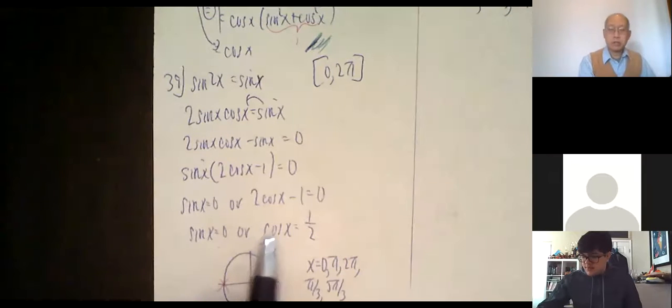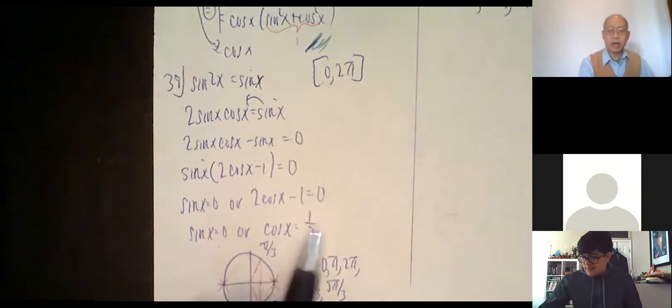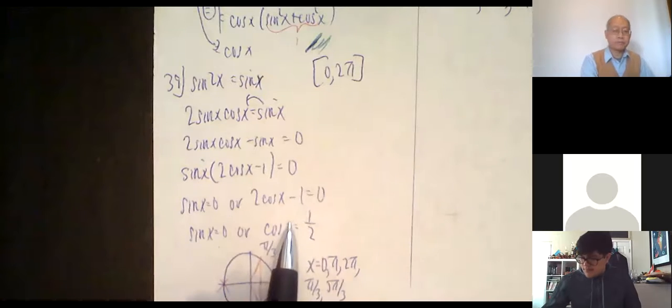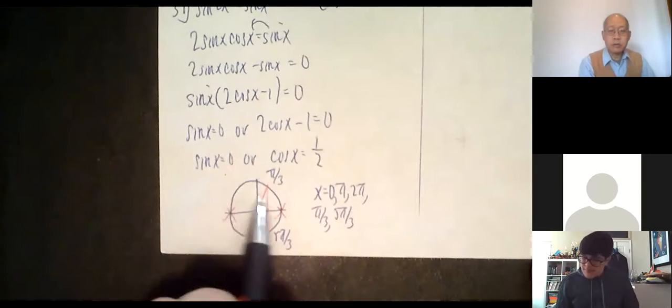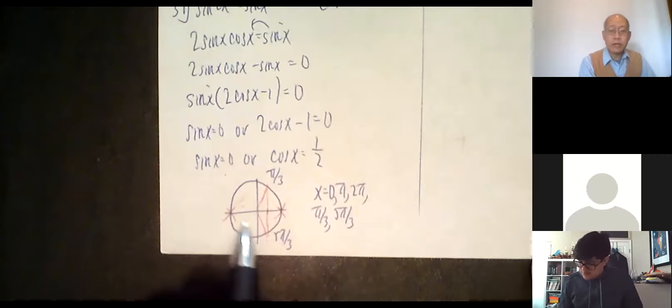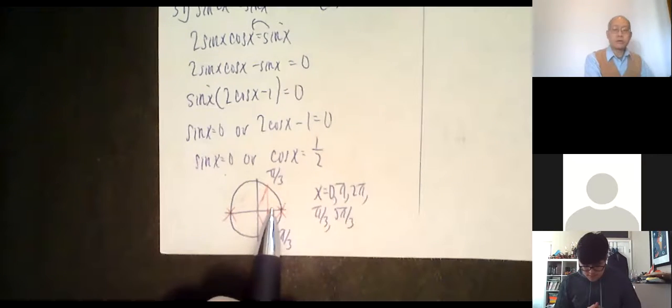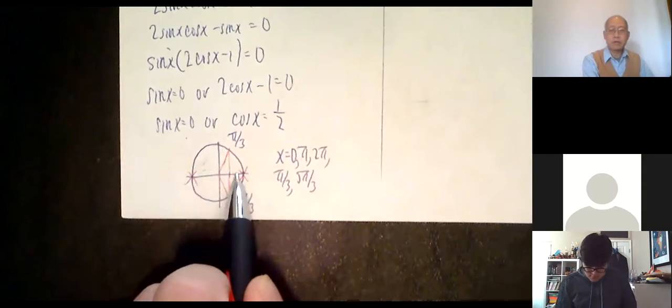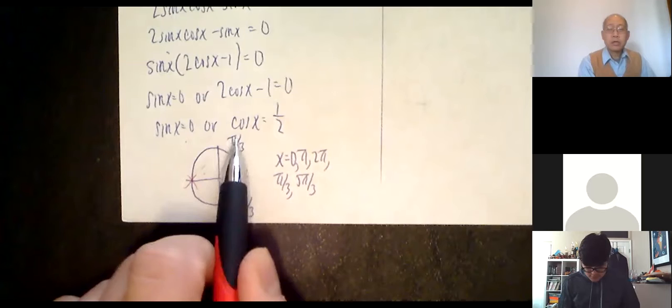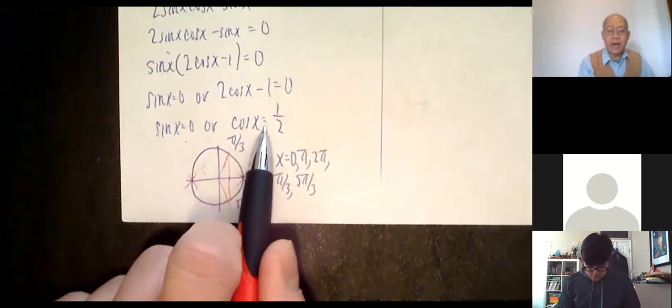A little bit of algebra shows you that this says cosine of x is 1/2. Add 1, divide by 2. All right, so sine x equals 0. Okay, the y coordinate is 0. That's here and here. Okay, so what angles will that be between 0 and 2 pi? Well, you have 0, pi, and 2 pi. Cosine of the angle is 1/2.